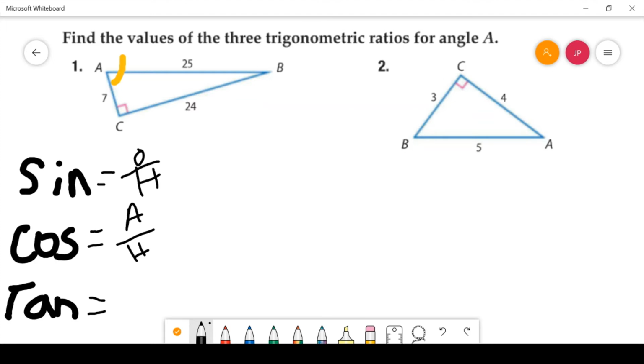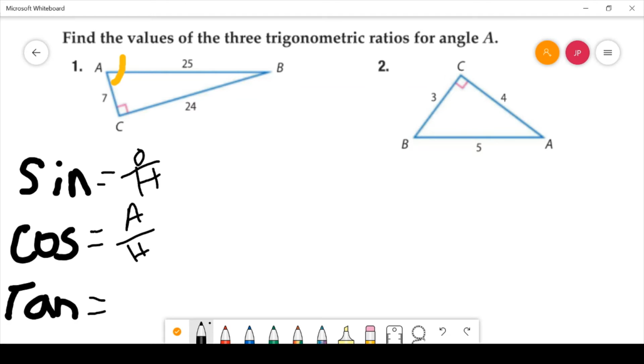Well, opposite is 24, adjacent is 7. So that is how you do one. Pretty simple. Doesn't take any math actually. You just need to know where things are and where you need to put them.